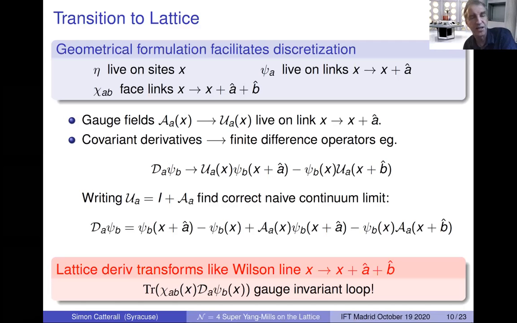So you can maintain lattice gauge invariance, but now your fermions are mostly living on links, not on sites. So it's again very different from lattice QCD, but it's forced on you by this geometrical discretization, this geometrical formulation.